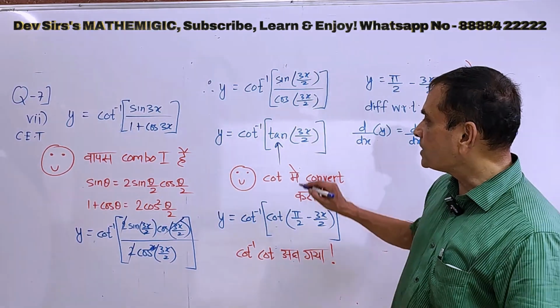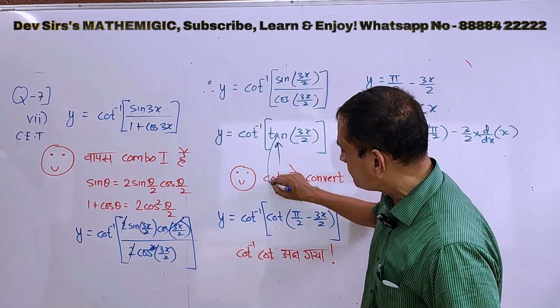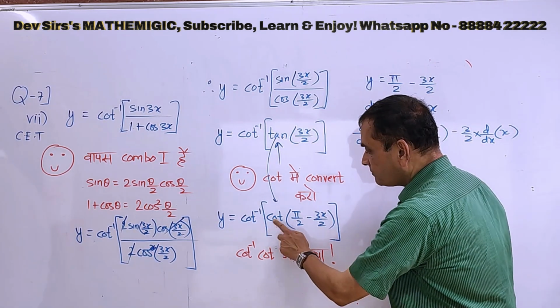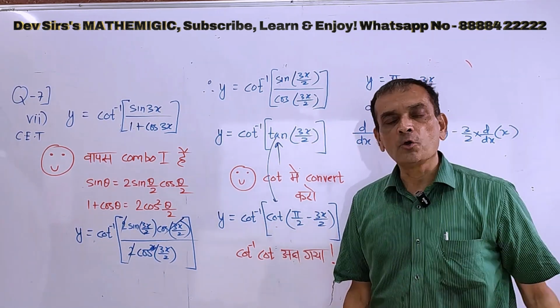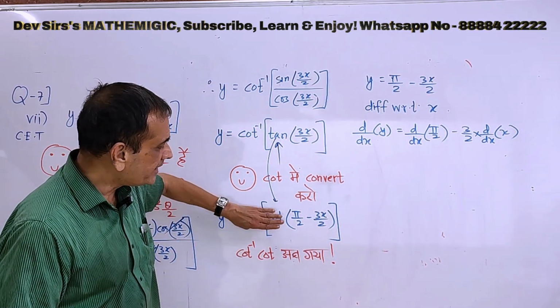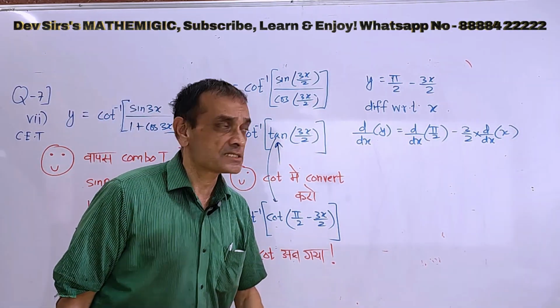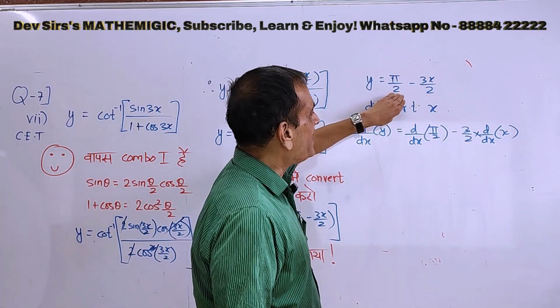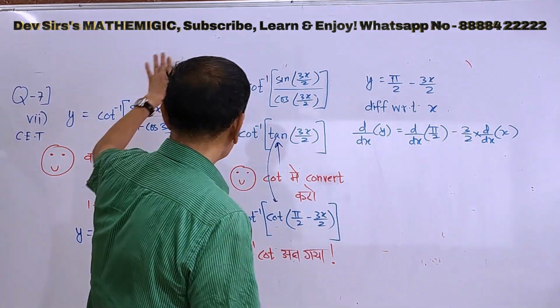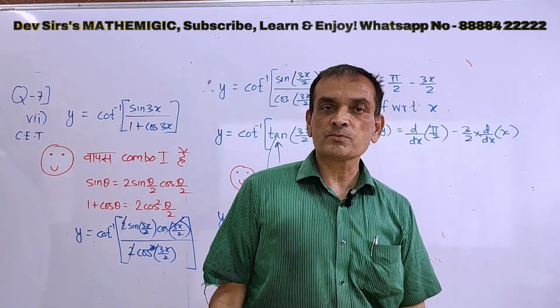So this is how we convert tan into cot. What is the use? Cot inverse cot अब गया. Now you can ignore that. It gets cancelled. चला गया. Ignore cot inverse cot. What remains? Y is equal to pi by 2 minus 3x by 2. Simple. सब चला गया है. Just pi by 2 minus 3x by 2.